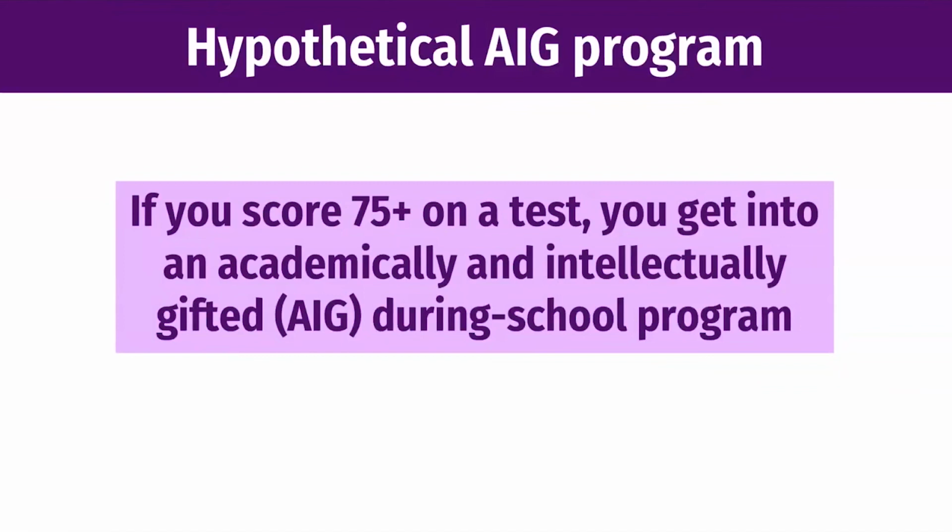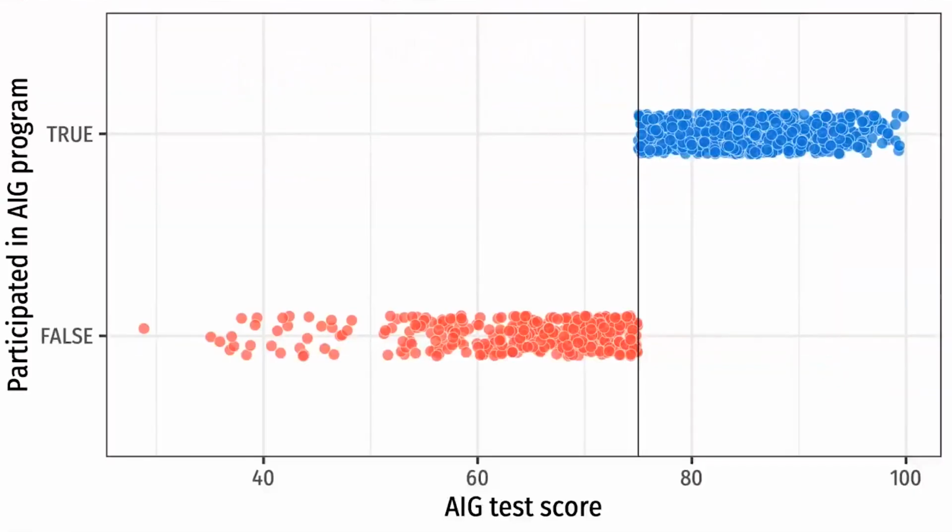If you don't, then you don't. Okay, so let's pretend this test actually happened. And here is a graph of who participated in the program and who did not. And this looks like everybody was pretty compliant with it. People who scored high were in the program. People who scored low were not in the program.